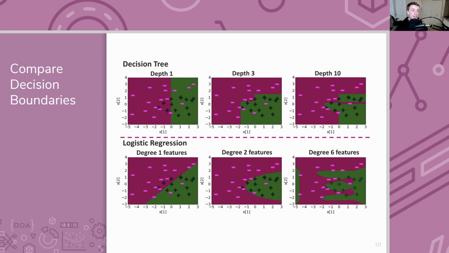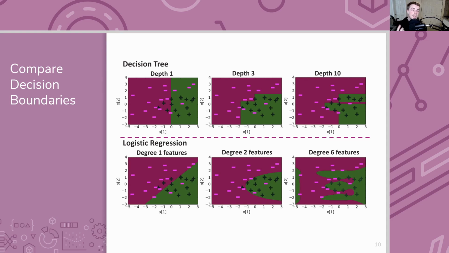So just like with logistic regression, we can learn more and more complex things, but do note the types of decision boundaries learned in decision trees look different than logistic regression, where decision trees are learning these vertical or horizontal cuts to the data because its decisions are based on less than or equal to, in the case of real valued features.